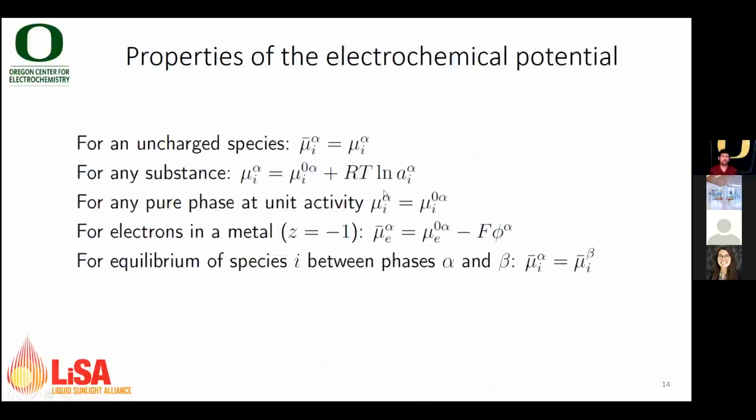Some properties of the electrochemical potential, a few that come up over and over again, is at equilibrium. If I have any given species in two different phases, if they're at equilibrium, they have to have the same chemical potential. If I have lithium in the electrolyte phase as lithium plus, and lithium plus in an anode or a cathode in a lithium-ion battery at equilibrium, they have to have the same electrochemical potential.